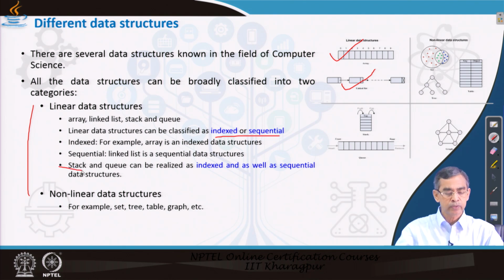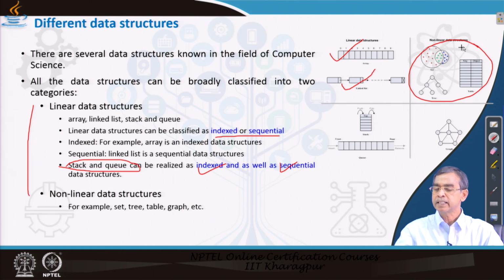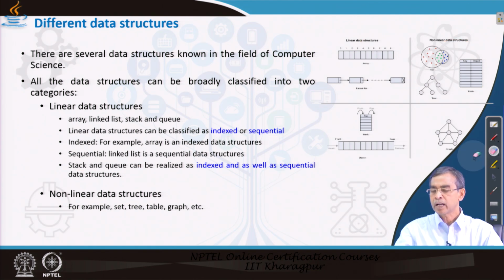As I told you, stack and queue can be considered both indexed and sequential. These are non-linear data structures, which can be viewed in a linked manner. It is not sequential, it is a linked manner, which we will discuss in detail according to how they can be maintained and stored.